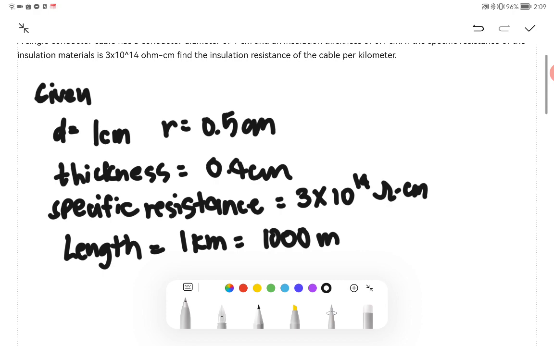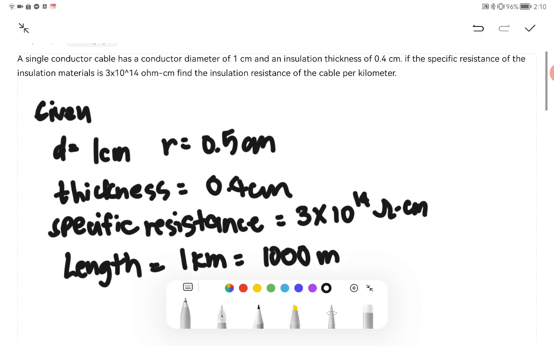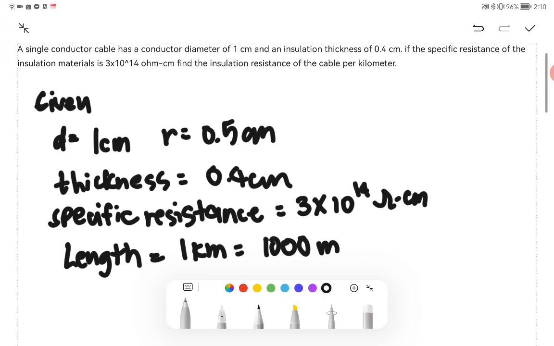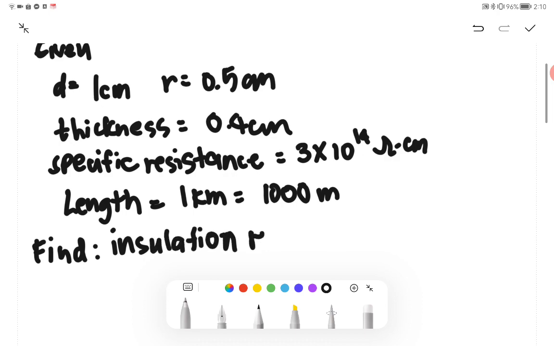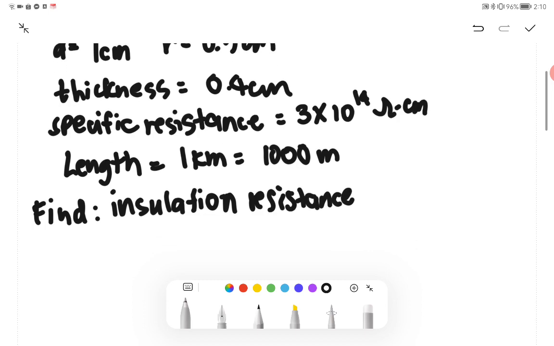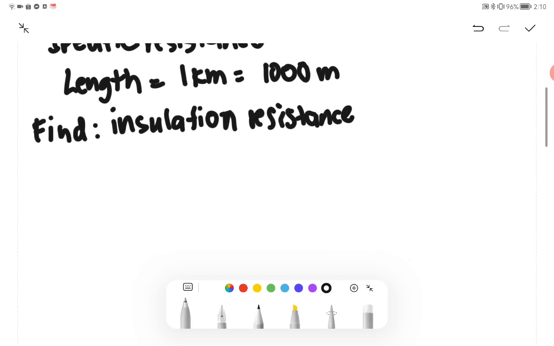Okay, 1 kilometer is equal to 1,000 meters. So what do we have to find? We have to find the insulation resistance.